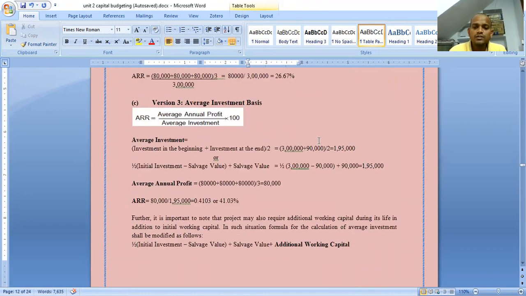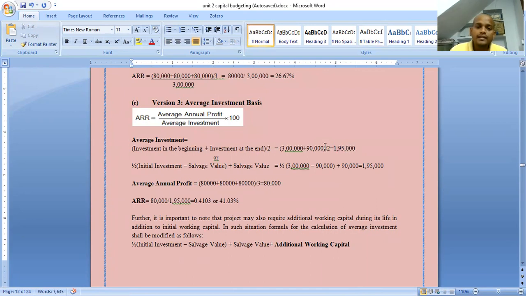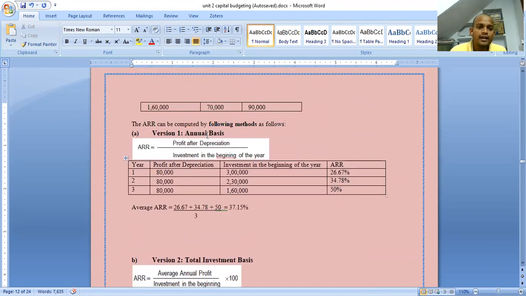So 3 lakhs plus 90,000 by 2, 1 lakh 95,000. And there is another formula: half of the initial investment minus salvage value. Initial investment is nothing but 3 lakhs minus salvage value. We have a salvage value of 90,000.